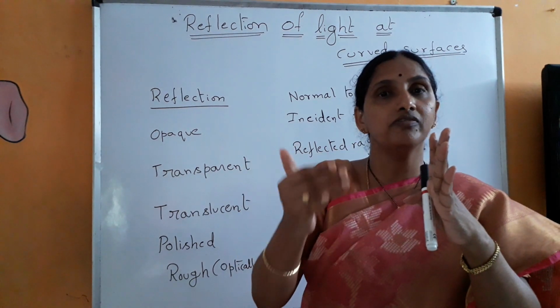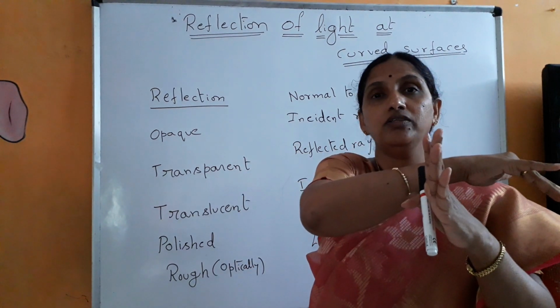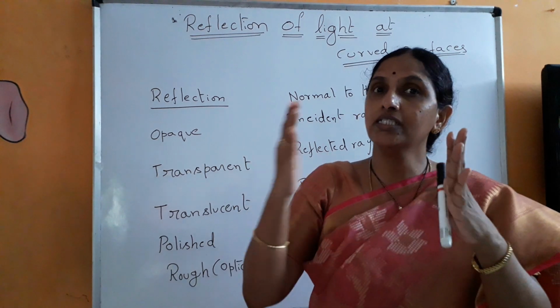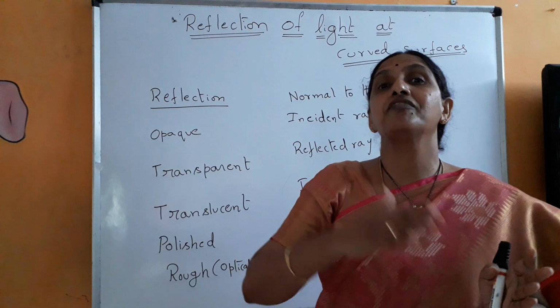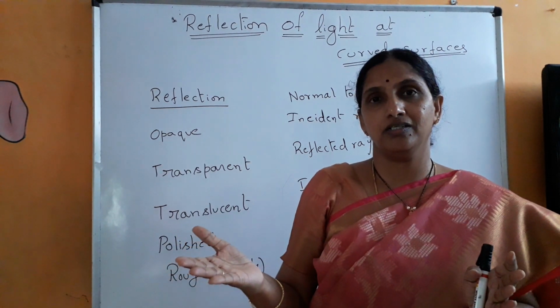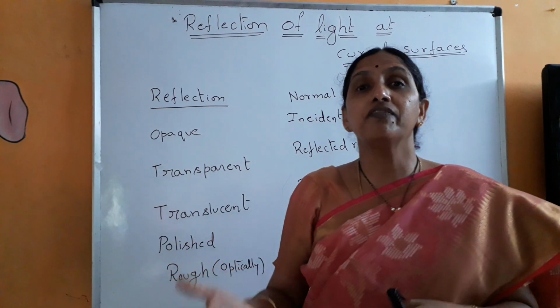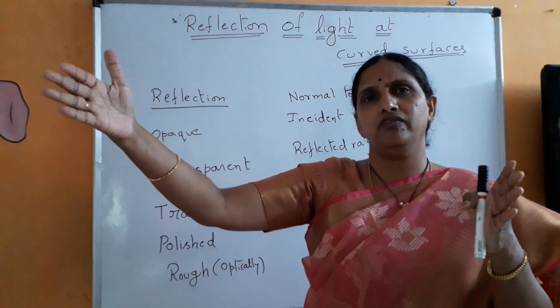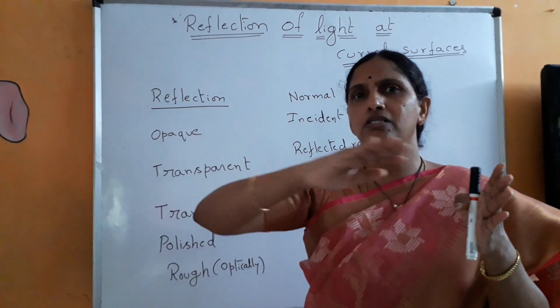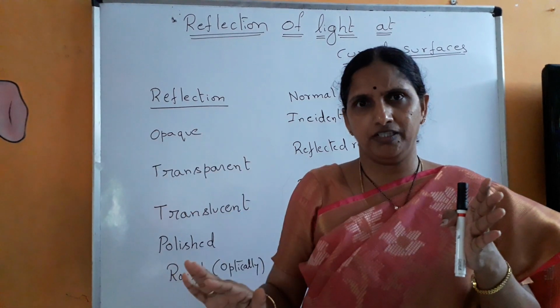So what is happening in case of opaque surfaces? Reflection takes place. That means completely all the light will be reflected back. 100% of the light will be reflected back.